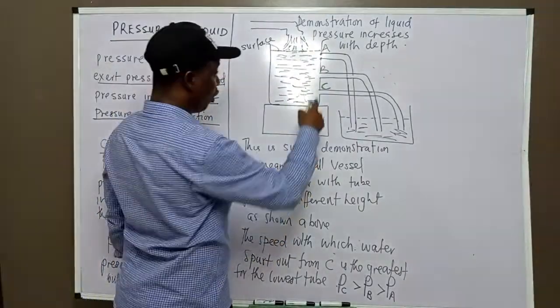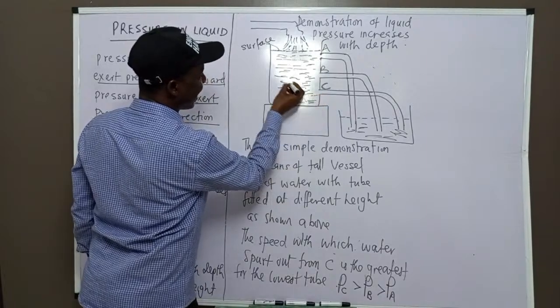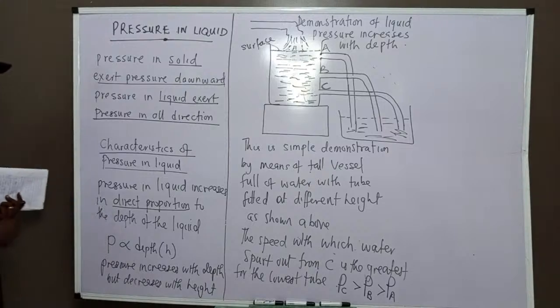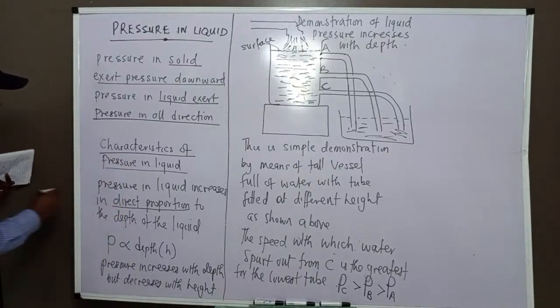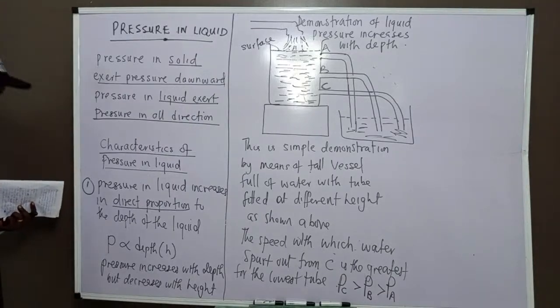Then followed by B, then followed by C. So C has a higher depth compared to A and B. So we have proved that, number one, pressure in liquid increases with depth.